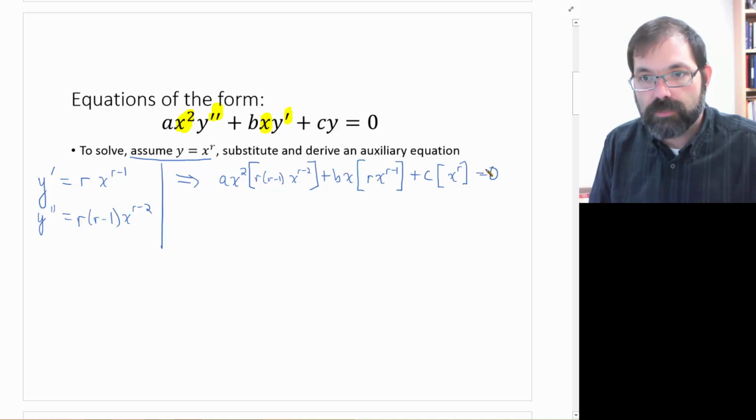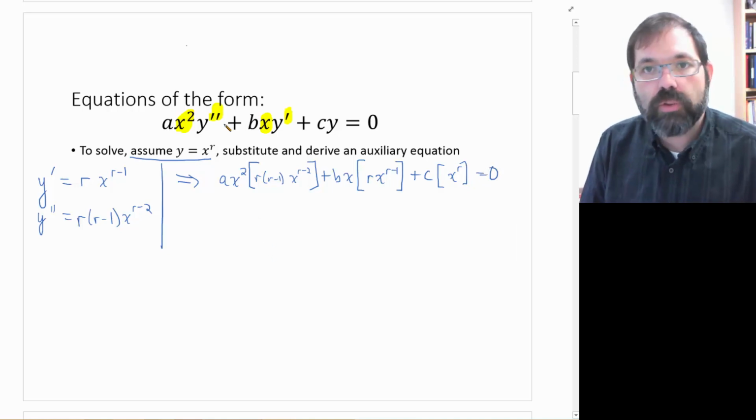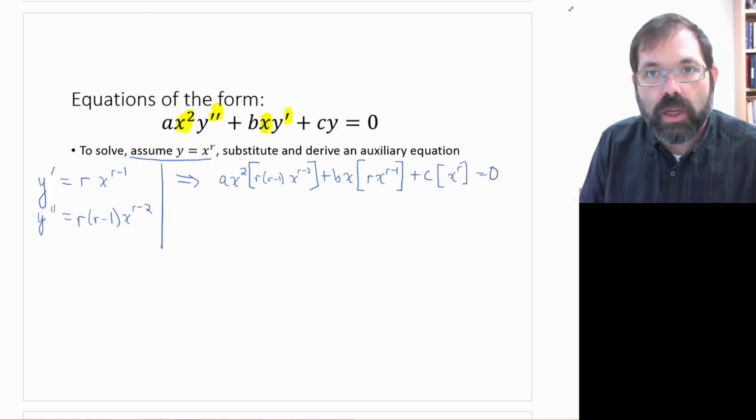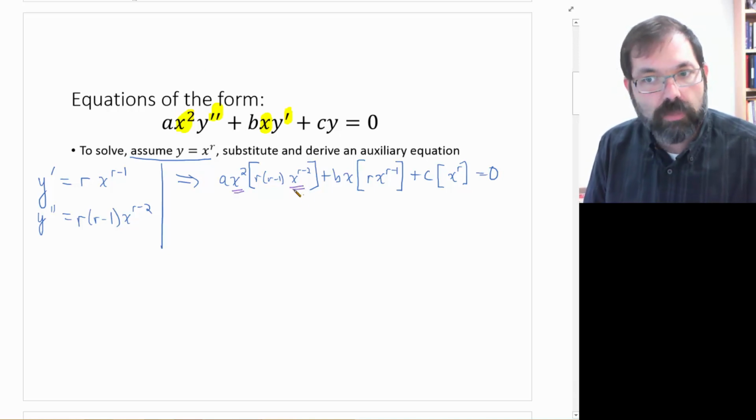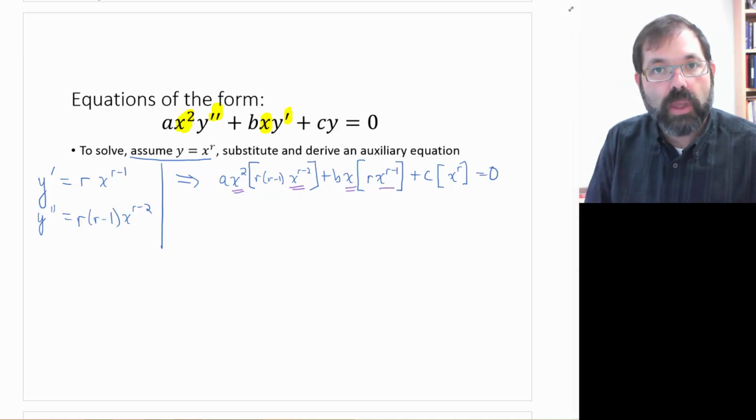And we need this to equal 0. All right, so we go through some algebra here. Notice that I have an x squared and an x to the r minus 2. And similarly in the second term I have an x and an x to the r minus 1.